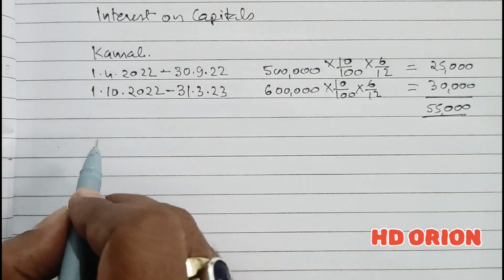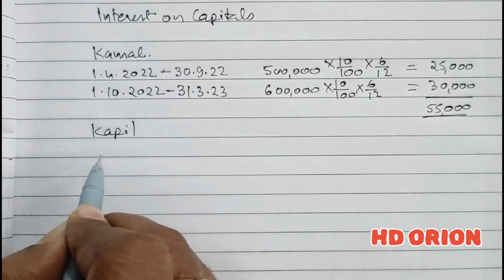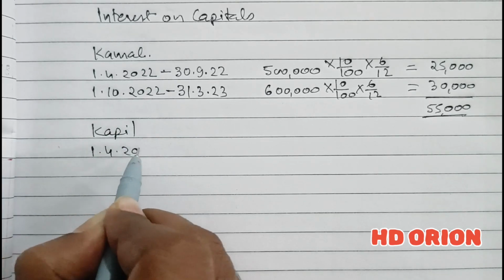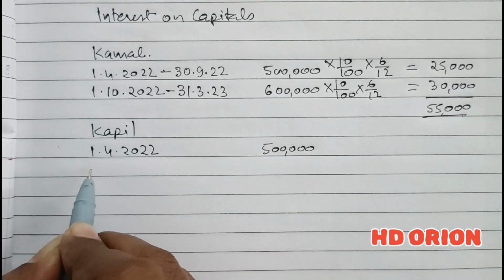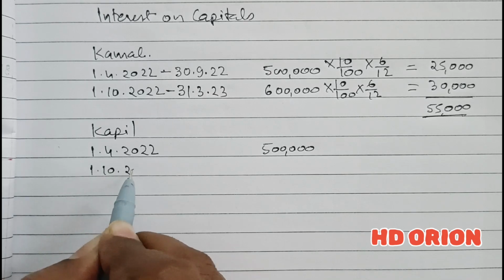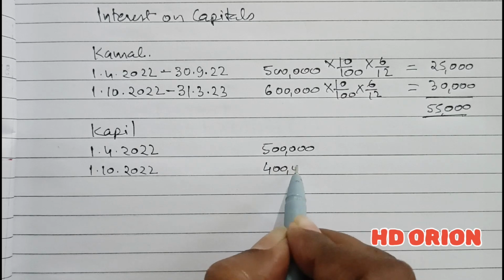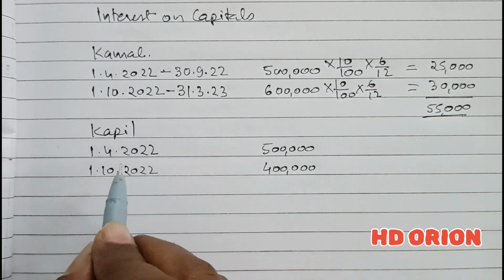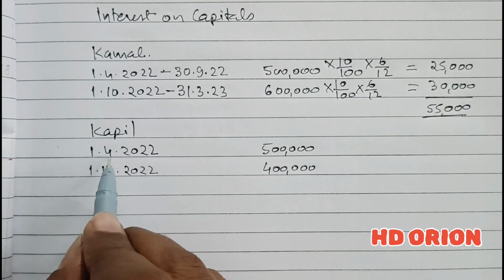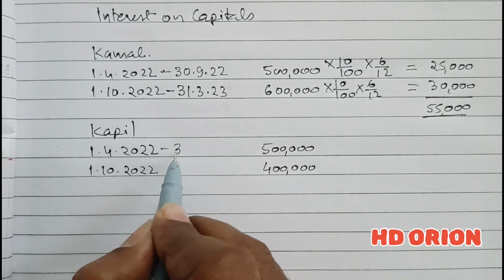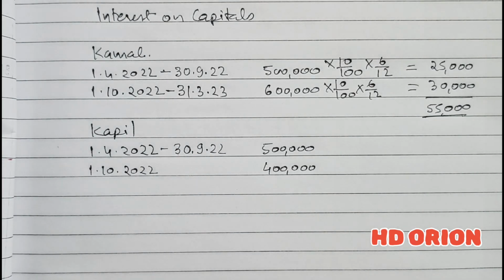Now let us prepare this for partner Kapil. Here also from 1st of April 2022, his initial capital was rupees 5 lakh, but from 1st October 2022, he withdrew 1 lakh rupees. As a result, his capital dropped to rupees 4 lakh. So from 1st of April to 30th of September 22, the capital was 5 lakh rupees.